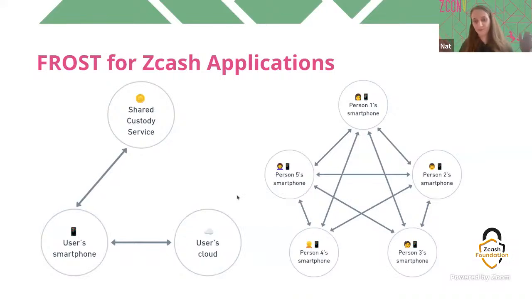You can use it as a backup. So imagine if you lost a device, then you would be able to use the recover share functionality, which means that you're actually able to use your other shares to regenerate the share that has gone missing or been lost.